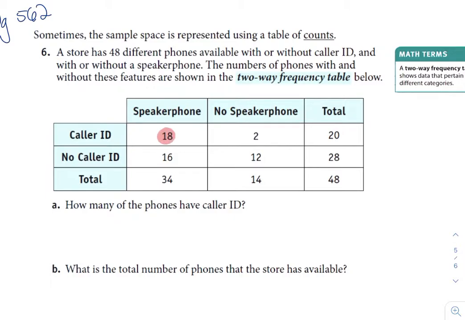So for instance, that 18 I highlighted represents 18 phones that have both caller ID and speakerphone. And then you have 2 phones that have caller ID and no speakerphone.